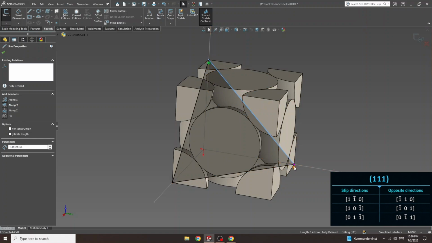So 0, minus 1, 1, or in the opposite direction, 0, 1, minus 1. And if you go this way, you go minus 1, 1, 0, or the opposite way, 1, minus 1, 0.